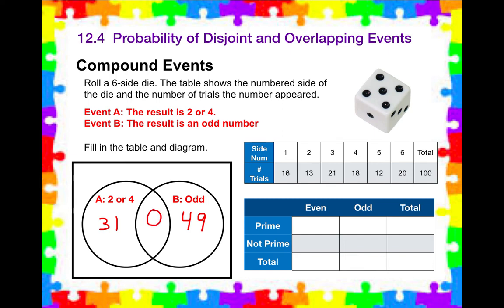Well, so then what falls outside of this is going to be whatever is left over. So we have 100 minus the 31 and the 49, and that's going to leave us with 20.